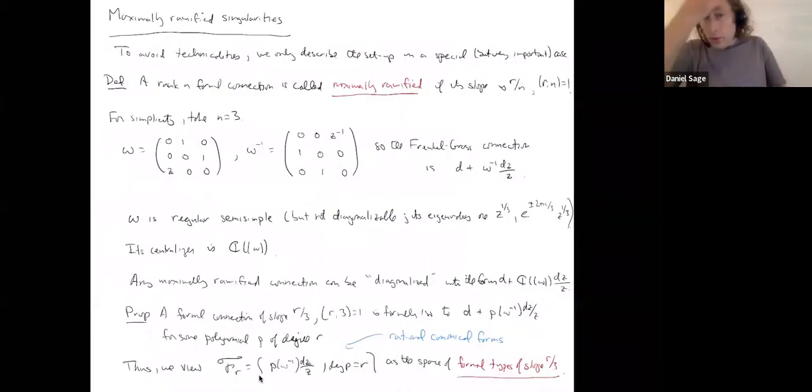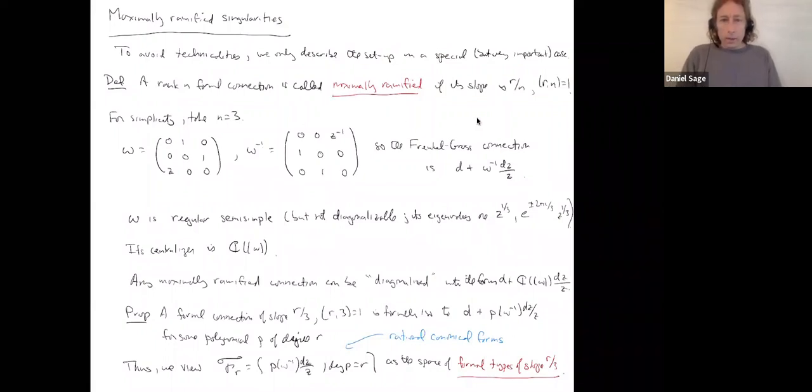And so now, there's a lot of technicalities here, so I now want to reduce to the simplest possible case, but it's a very special case. So I'm only going to talk for the rest of this talk about maximally ramified singularities.